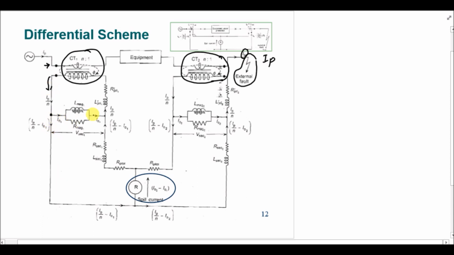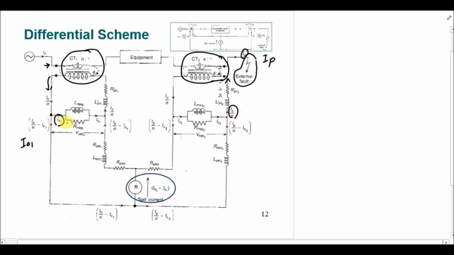One is going to the magnetization branch, that is I naught, and for CT1 we are saying that is I naught 1. So the current that is leaving this node is IP over N minus I naught 1, and this current will be coming to this node. Starting from this CT, there is one current in the dot, so the current IP over N will be entering the dot, that is being represented here.